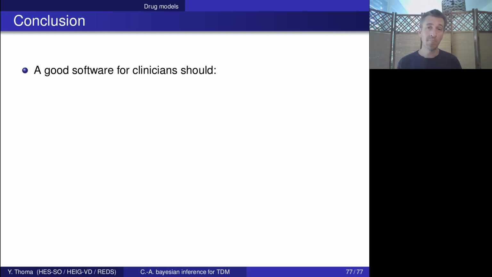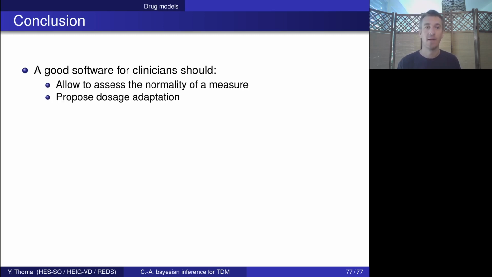In conclusion, in terms of software, I would say that a good software for clinicians should at least allow to assess the normality of a measure, thanks to percentiles. It should propose dosage adaptation if required, to help as much as possible the clinician, and issue reports that are nice and good looking.